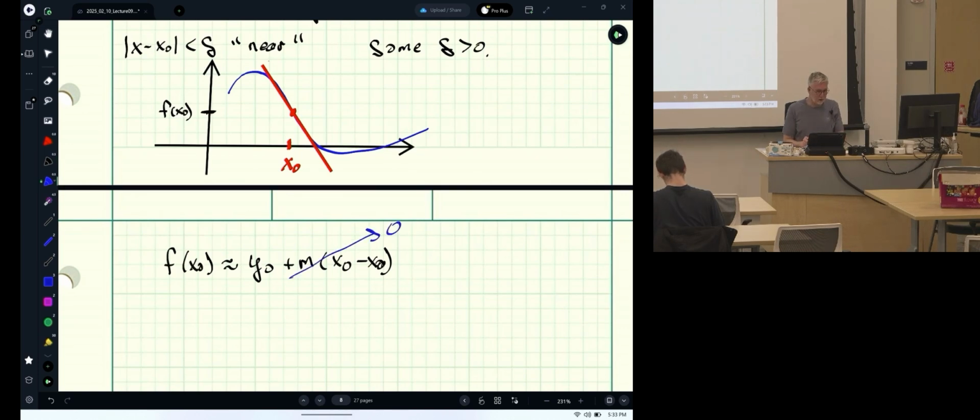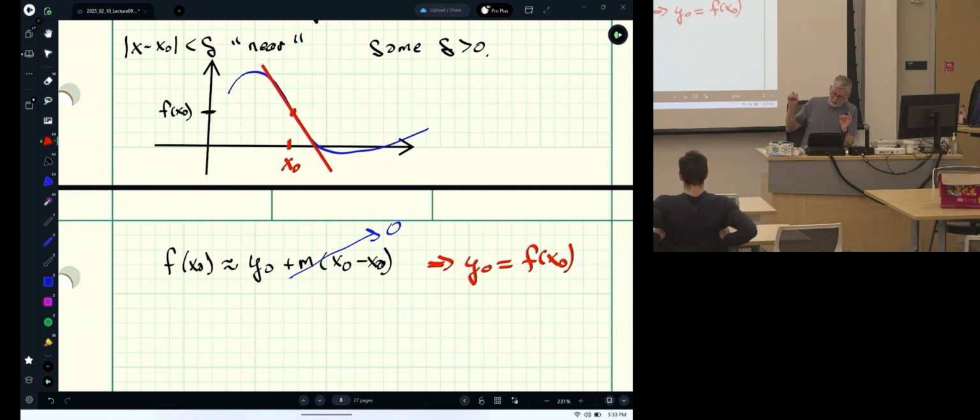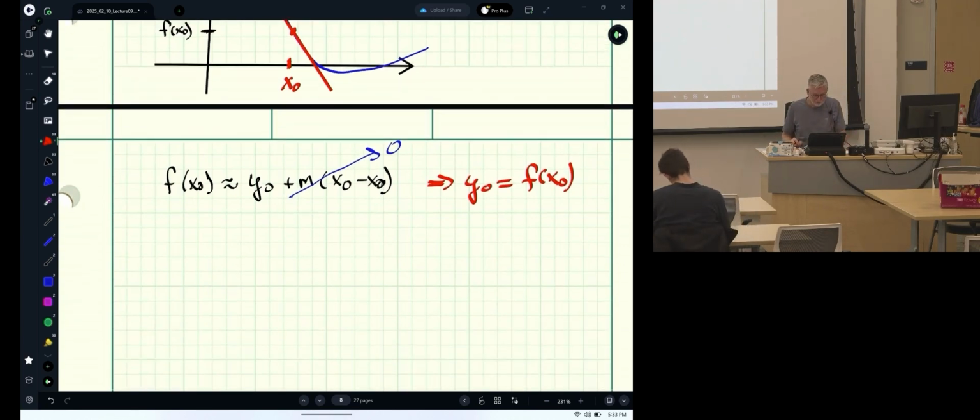So the m drops out. And so y0 equals f of x0, okay? Makes sense. That's exactly how I drew my line going through the point. So at least the line is perfectly correct at the point x0.